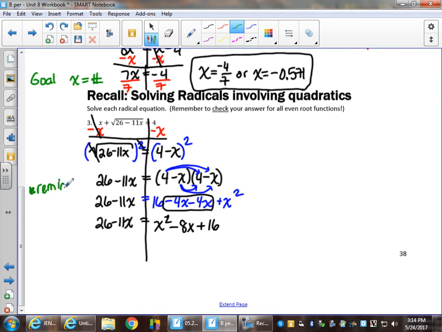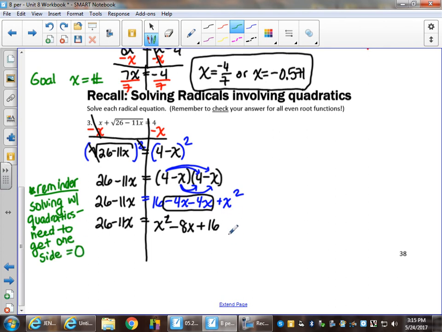Reminder. Solving with quadratics, we need to get one side equal to 0.